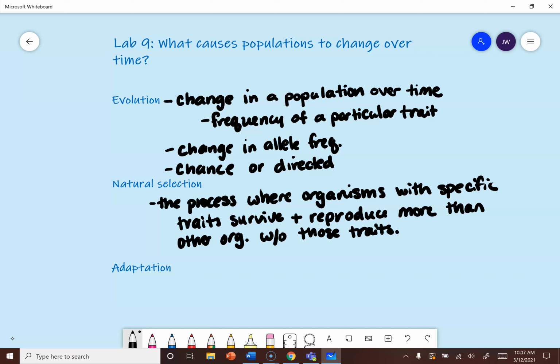So the process of natural selection allows individuals who are better adapted to their environment to survive and reproduce at a higher frequency.